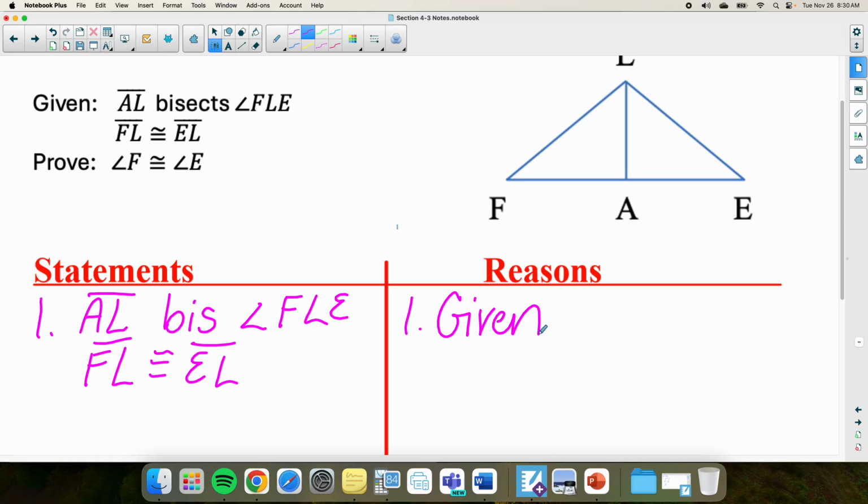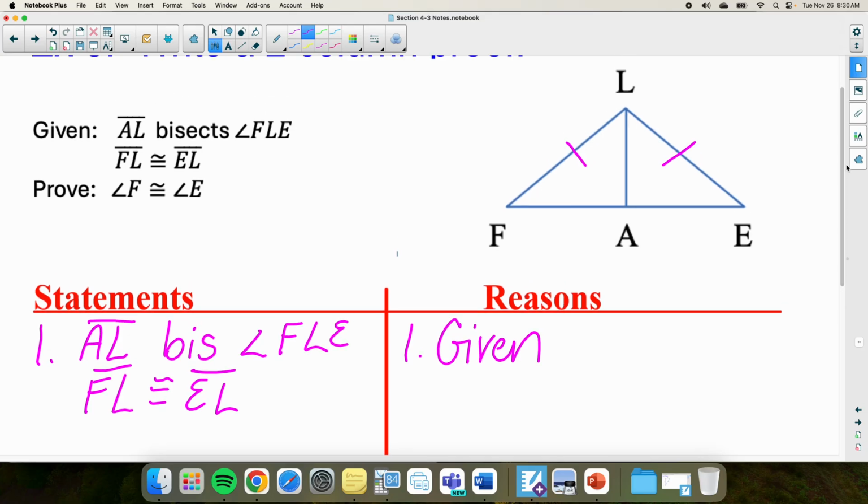All right, so now what I'm gonna do is go to my page here and I'm gonna mark that FL is congruent to EL. Okay, that's given. And now I wanna look at what else do I have to do here. And it says AL bisects angle FLE. So it cuts the angle in half.